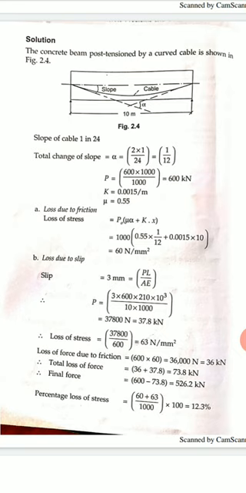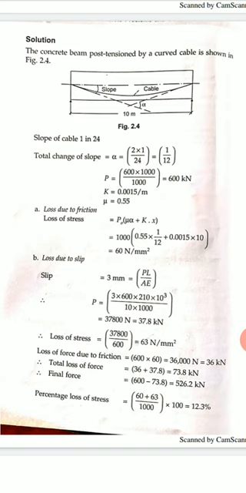So both the losses, 37.8 plus 36, account for 73.8 kilonewton. Therefore the final remaining force is 600 minus 73.8, which is equal to 526.2 kilonewton.